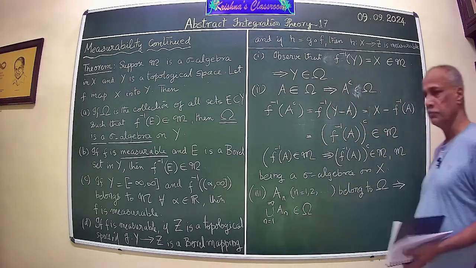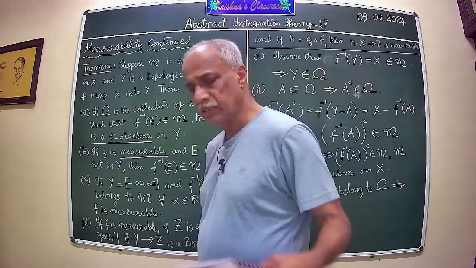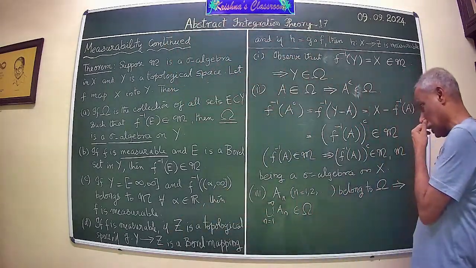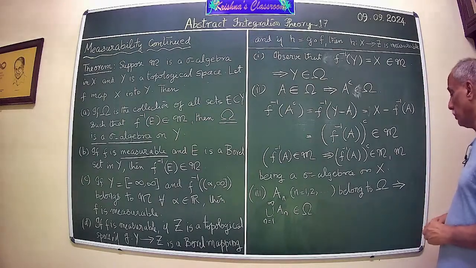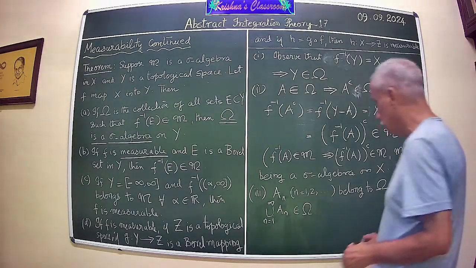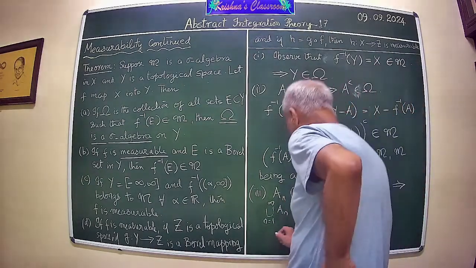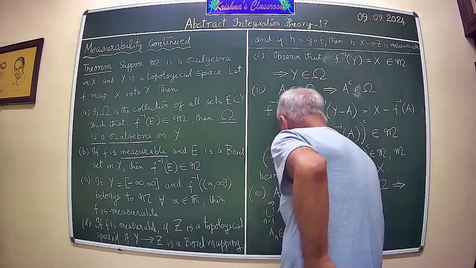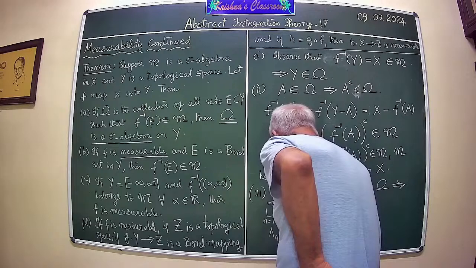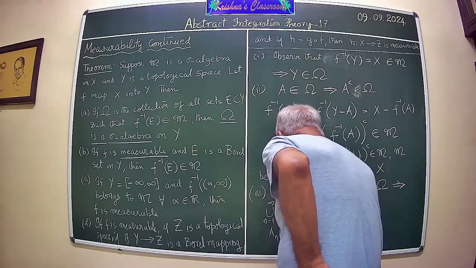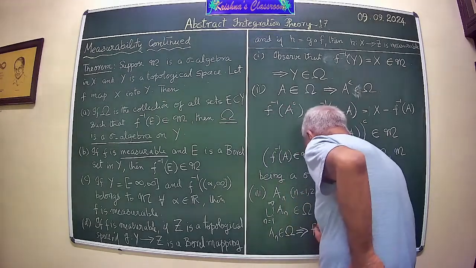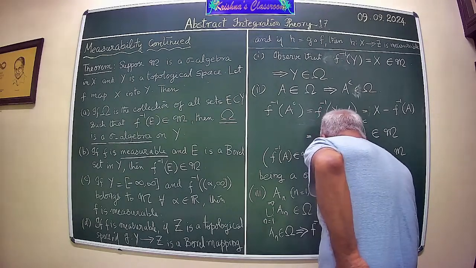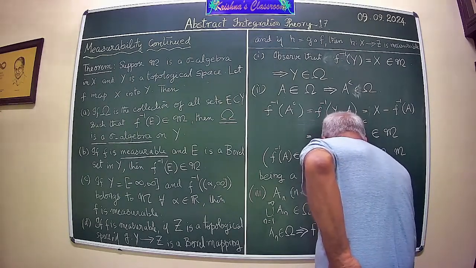That means omega is closed under countable union. How do we prove that? Now let us write down the proof. Now An belongs to omega implies F inverse of An is in M.